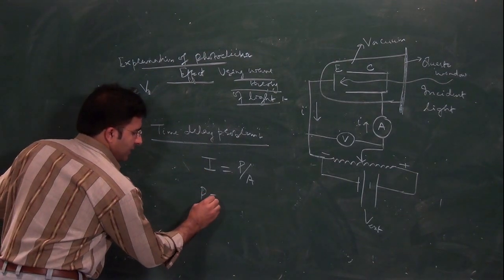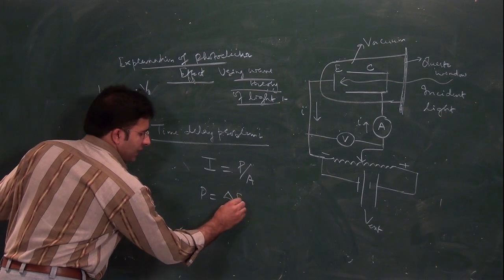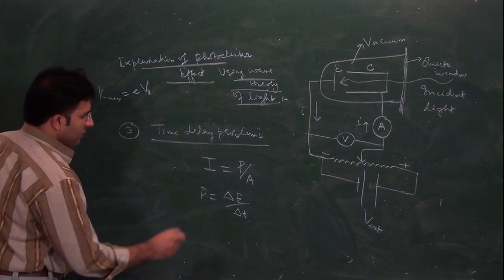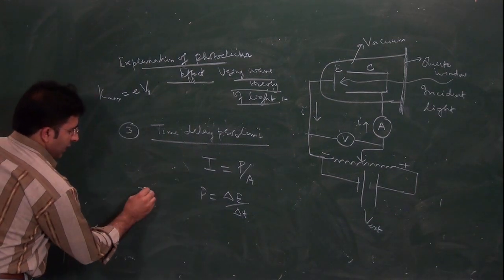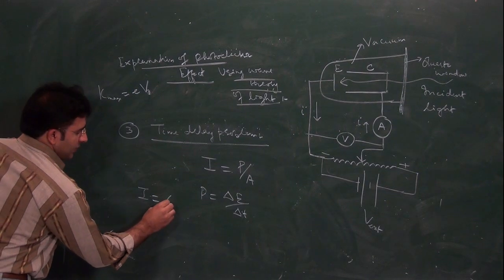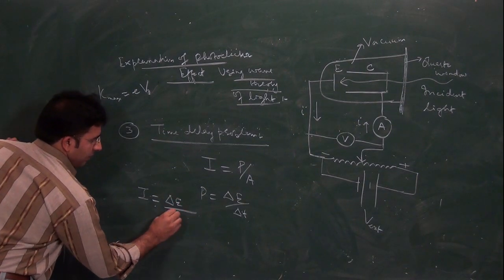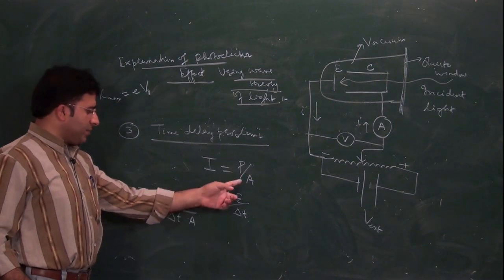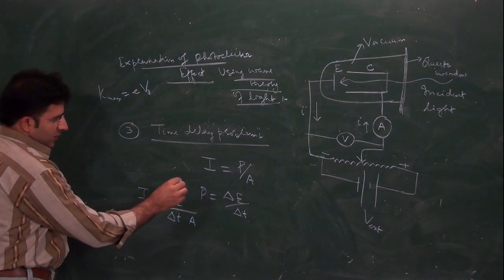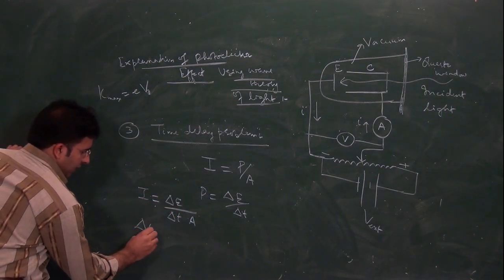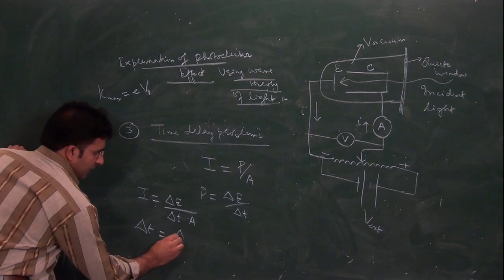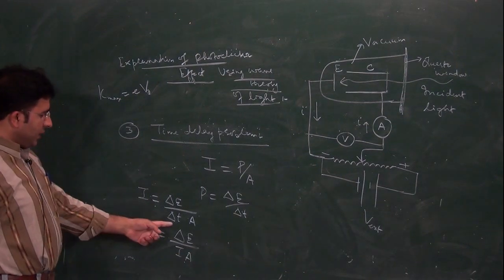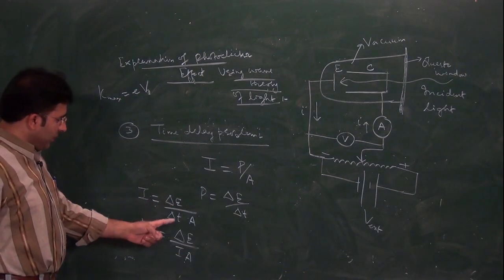Power itself is energy transported per unit time. Therefore, I can write I equals delta E by delta t into A. Delta E by delta t is representing power. I solve for delta t. Delta t will be delta E by IA.